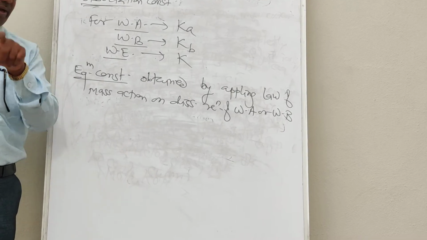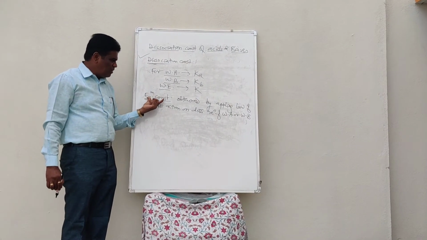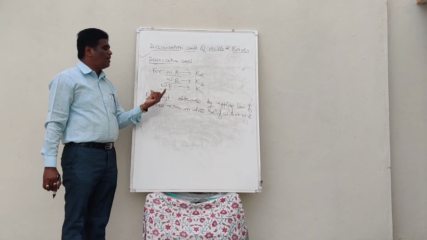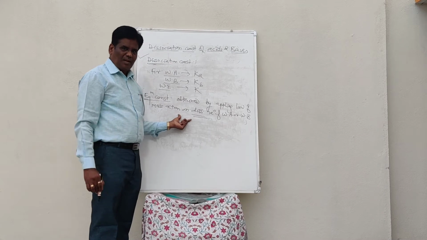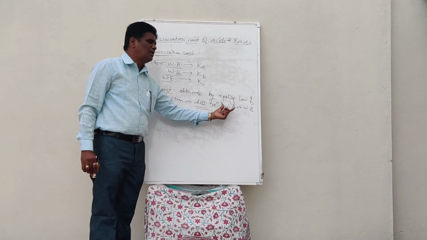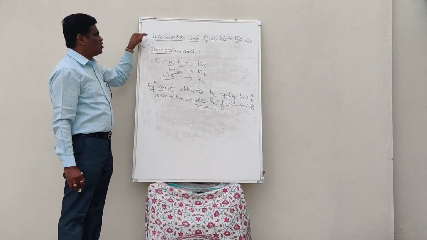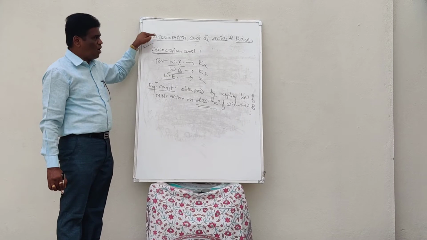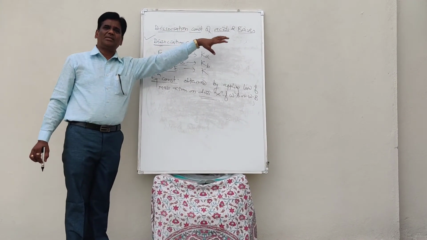In another way you can say it is the equilibrium constant obtained for the dissociation reaction, and that means at the equilibrium state for a weak acid or weak base. So remember the meaning of dissociation constant for weak acid as well as weak base.